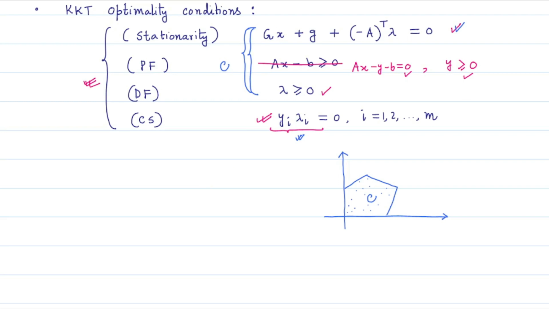So essentially yi times lambda i equal to 0 altogether figures out a point (x, y, lambda) inside the set C, for which Ax is equal to b, and therefore, corresponding to a point that satisfies this complementary slackness condition, we are satisfying Gx plus g equal to 0 and Ax equal to b.